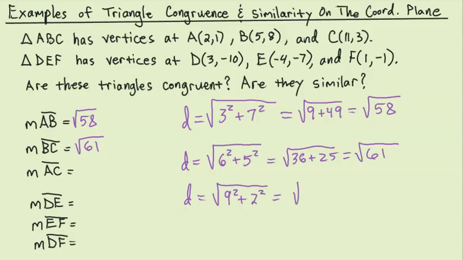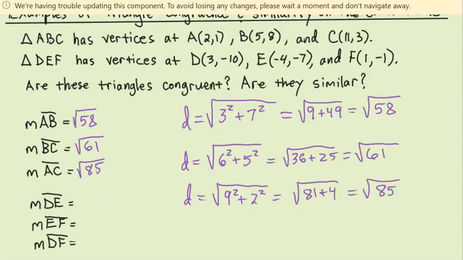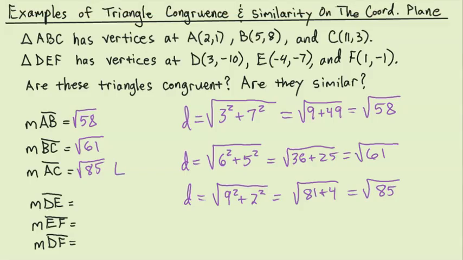So we're going to have the square root of 9 squared, that's 81, plus 2 squared is 4. 81 plus 4 is 85, so we're going to have the square root of 85. Okay, so square root of 85. So it looks like the longest side is AC. The middle side is BC, and the shortest side is AB.